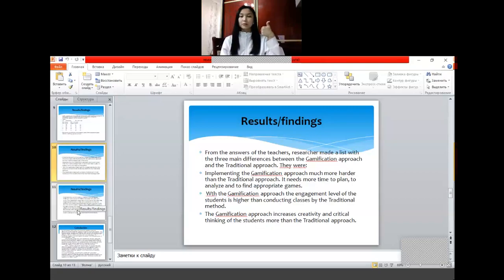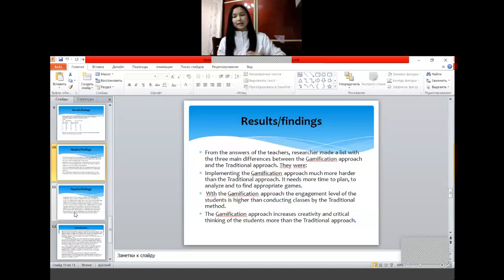First of them, the gamification approach is much harder. It takes more time and more preparation. Second, with the gamification approach the engagement level of students is higher than with the traditional approach, which is very obvious. And the third one, the gamification approach increased creativity and critical thinking of the students more than the traditional approach.